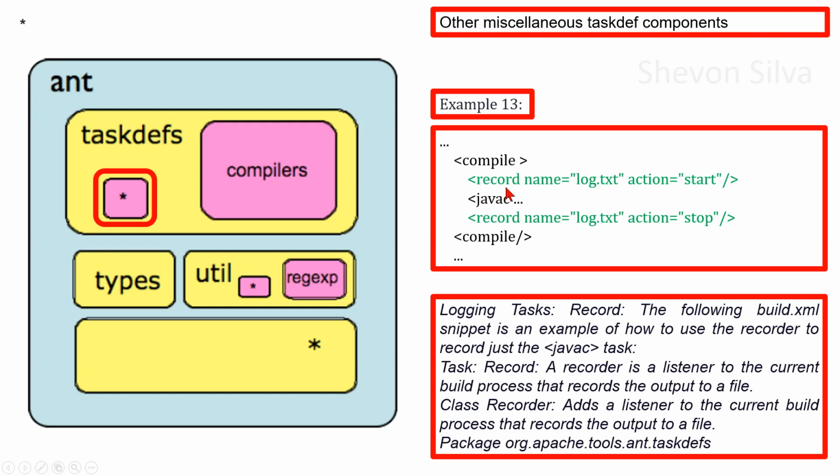A recorder is a listener to the current build process that records the output to a file. With regard to API, the class recorder adds a listener to the current build process that records the output to a file. This is in the package org.apache.tools.ant.taskdefs.